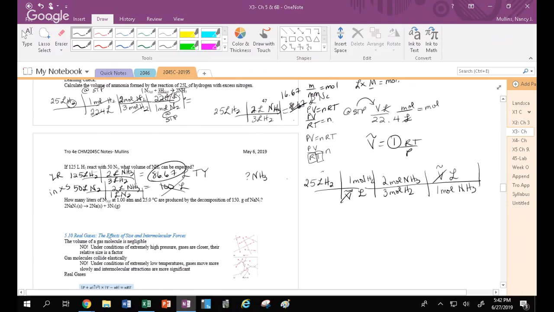this time. For example, we are decomposing 150 grams of sodium nitride. And the question says, how many liters at 1 atmosphere and 25 degrees Celsius?